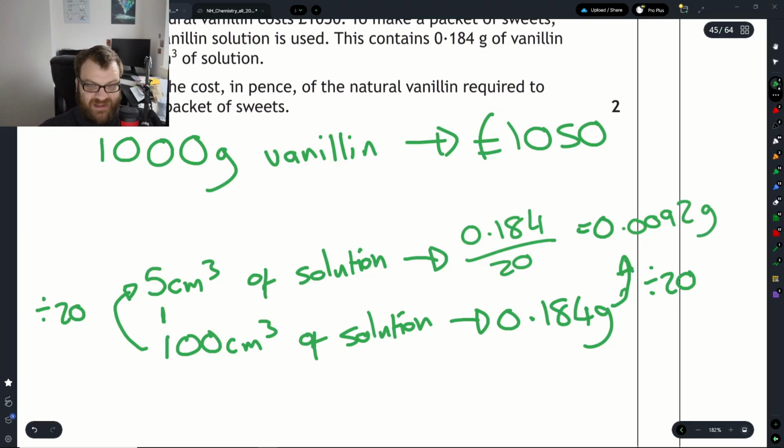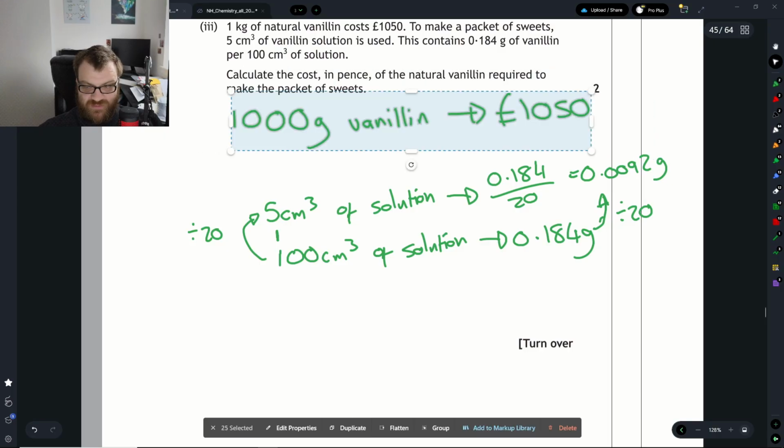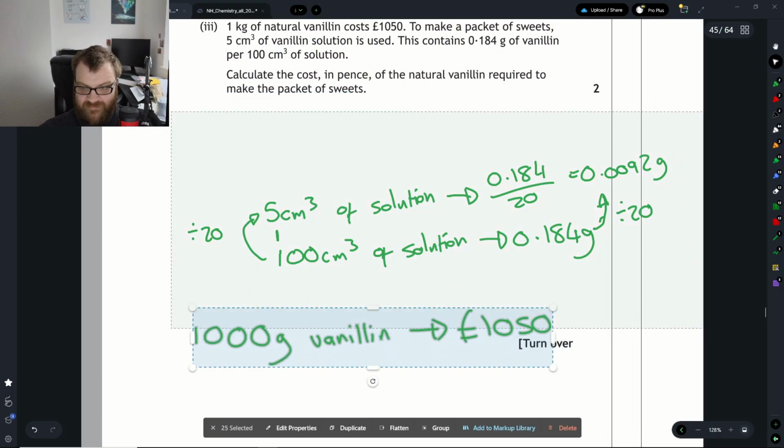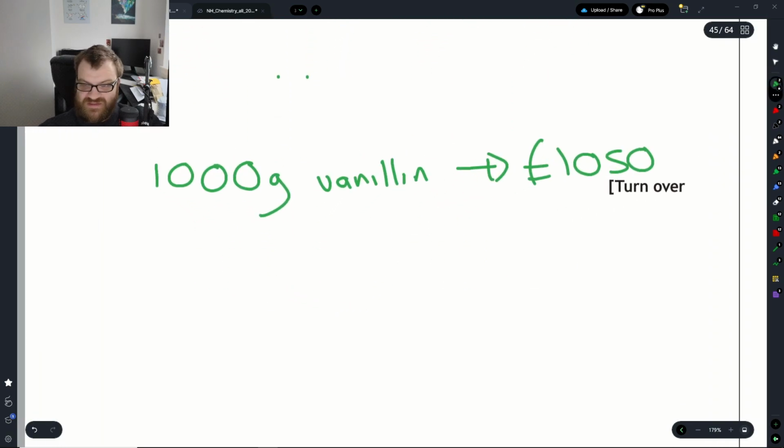Now, I can then use that in my one with the price. Shuffle that around a little bit. But with 1,000 grams, 1.50, then our 0.0092 grams.